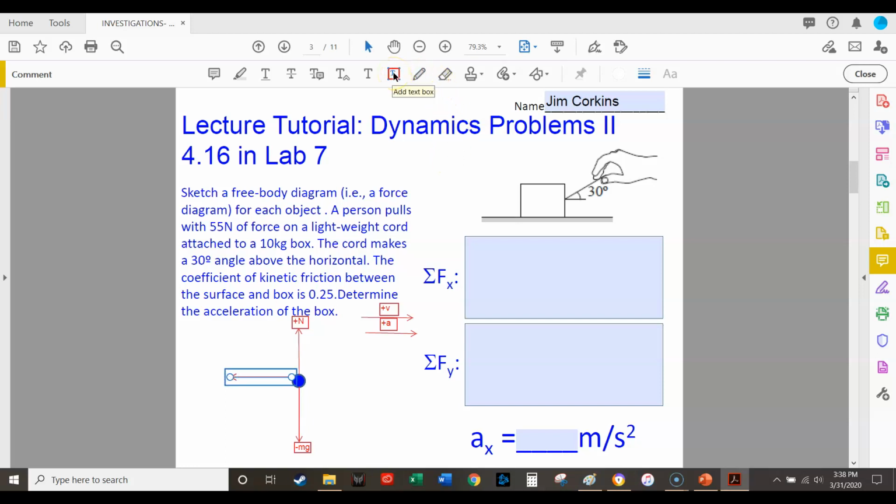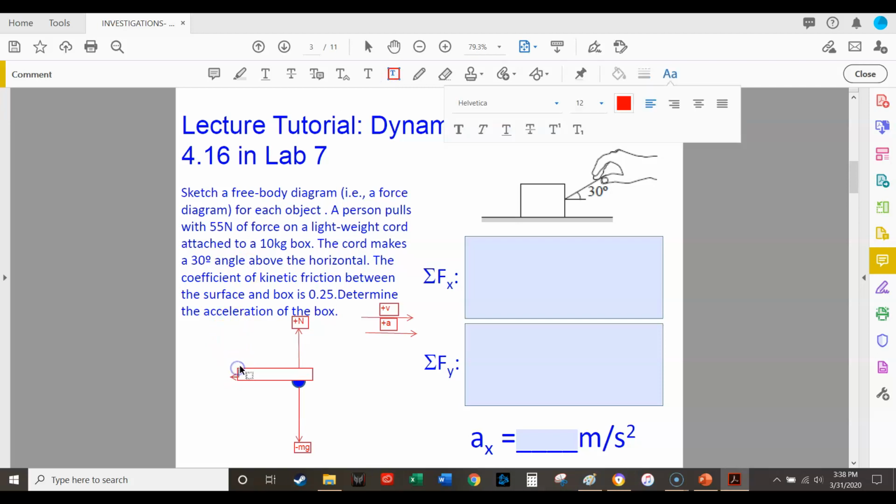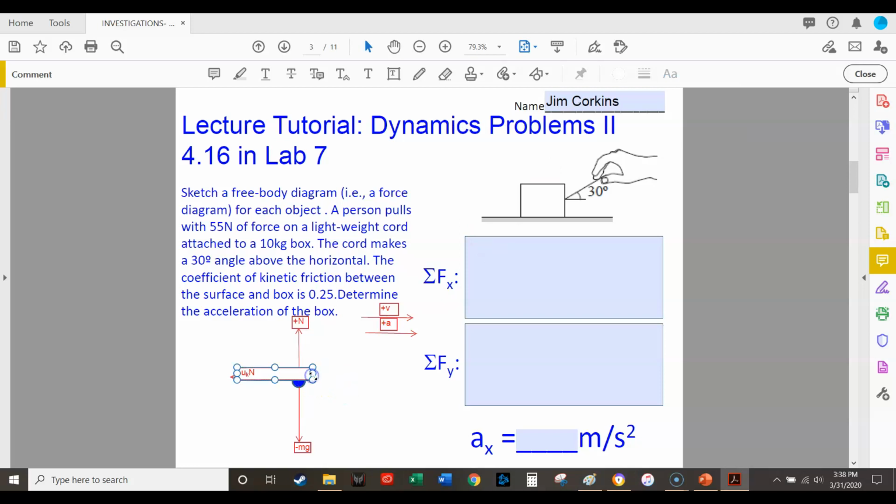And we label this mu sub k, times the normal force. And that's pointed to the left in the negative x direction.